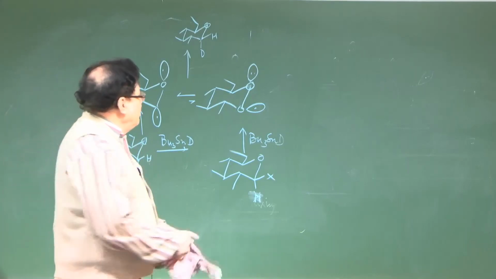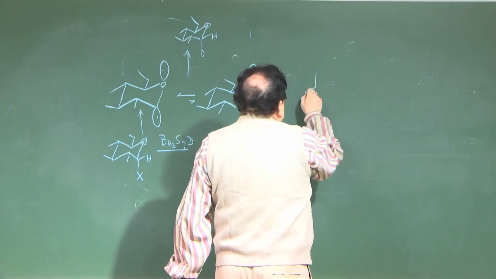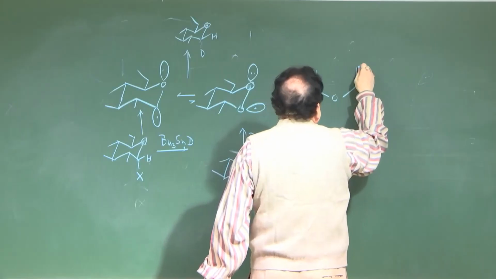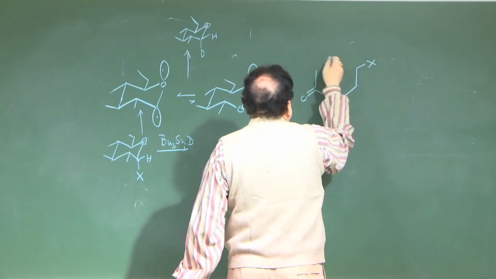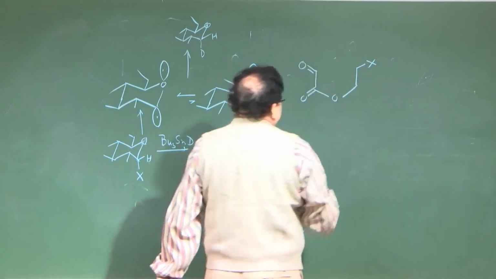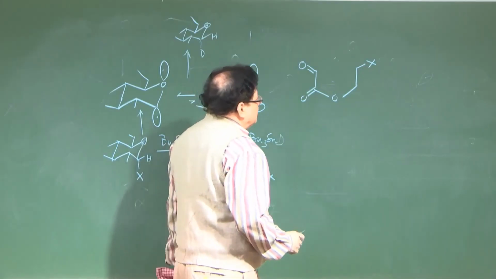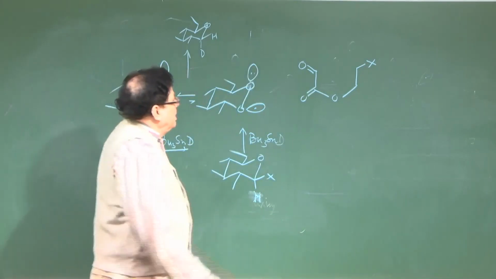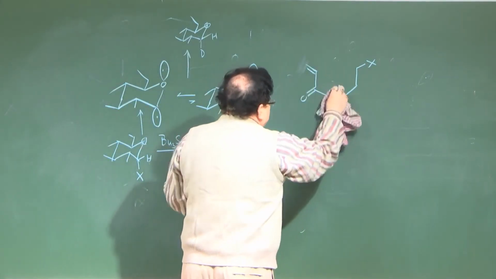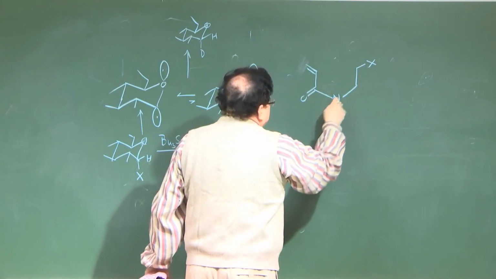So, suppose someone has this type of system. Sorry, not a double bond here, only an unsaturation, and I put here, sorry, not oxygen, a nitrogen, it could be oxygen also.